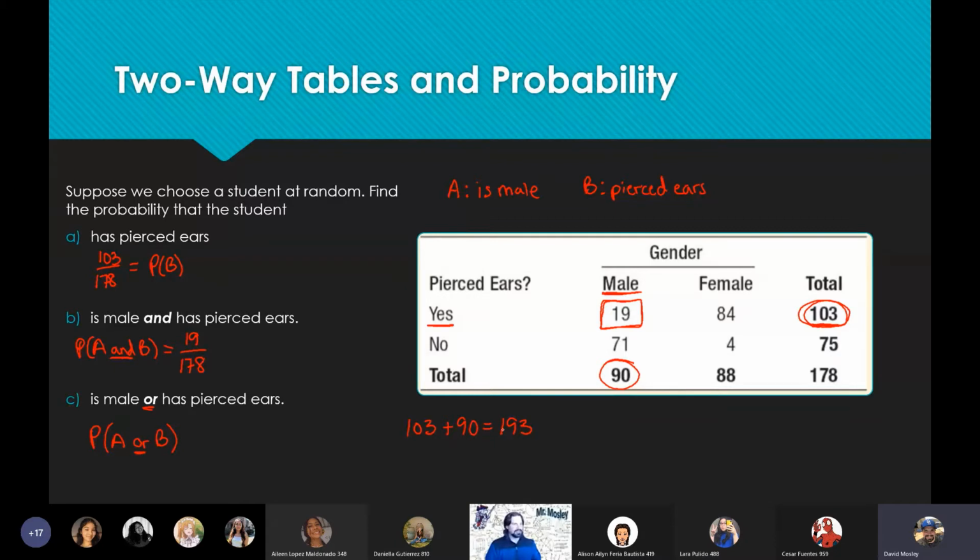So this doesn't work. The reason it doesn't work is because I've counted these students twice. They were counted in the total of males and the total for pierced ears. I only want to count them once, but I have to subtract one counting of those 19 males from my total.